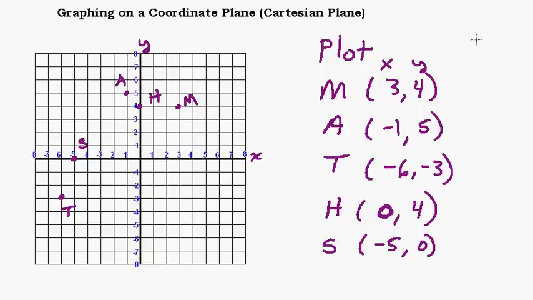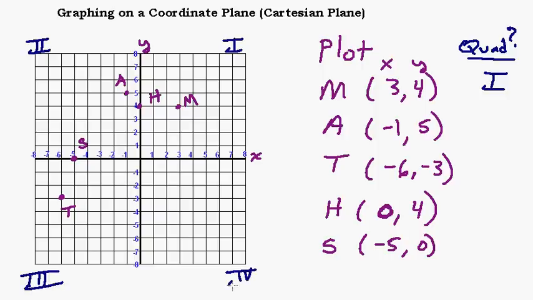So if we wanted to ask what quadrant these points were in, what's the quadrant? M is in quadrant 1. Remember where it goes? 1, 2, 3, 4.